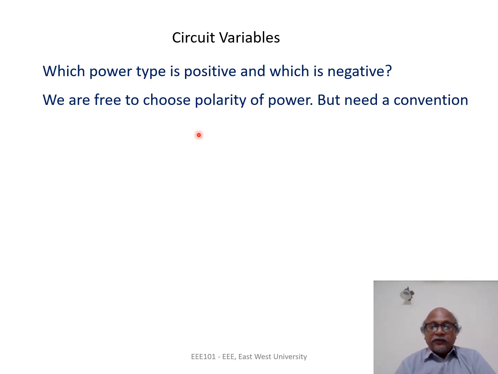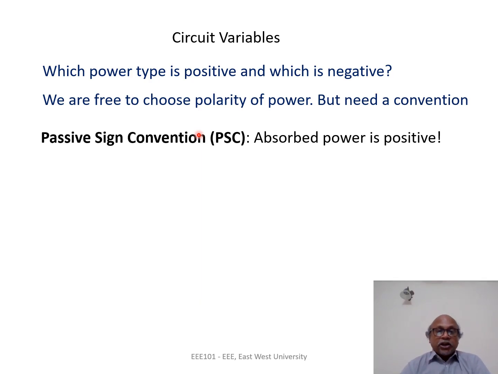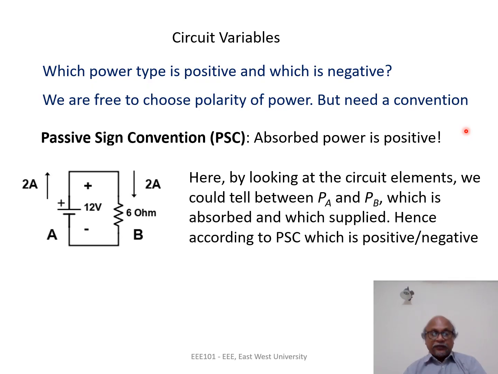To avoid confusion, we will adopt a convention. The convention is known as passive sign convention, and according to passive sign convention, absorbed power is positive. So we will follow a passive sign convention which says absorbed power is positive or supplied power is negative.